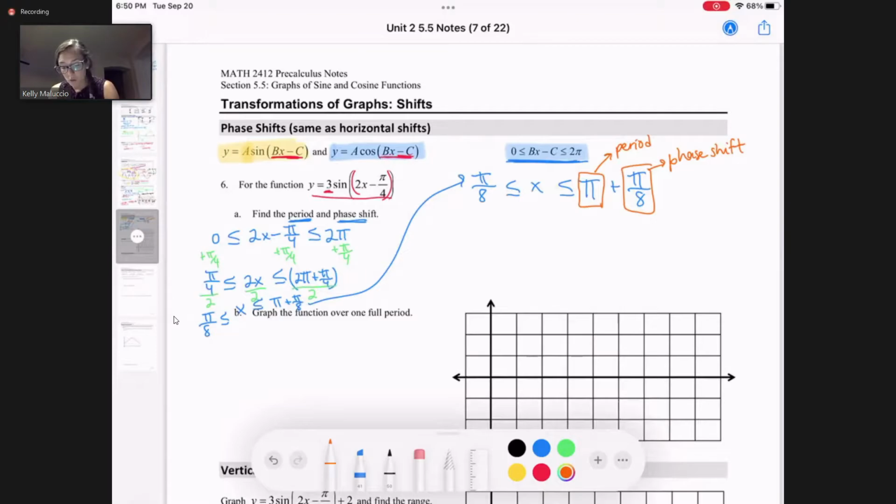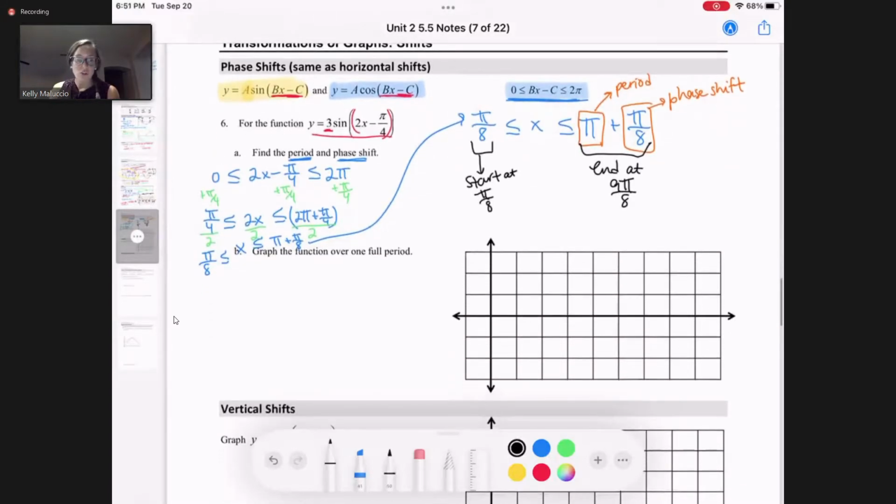So what this means is we start at pi over 8 instead of 0, and end at 9 pi over 8 instead of 2 pi. So we start at pi over 8, we end at 9 pi over 8, but our period is pi, and our phase shift, because everything is shifting by pi over 8.